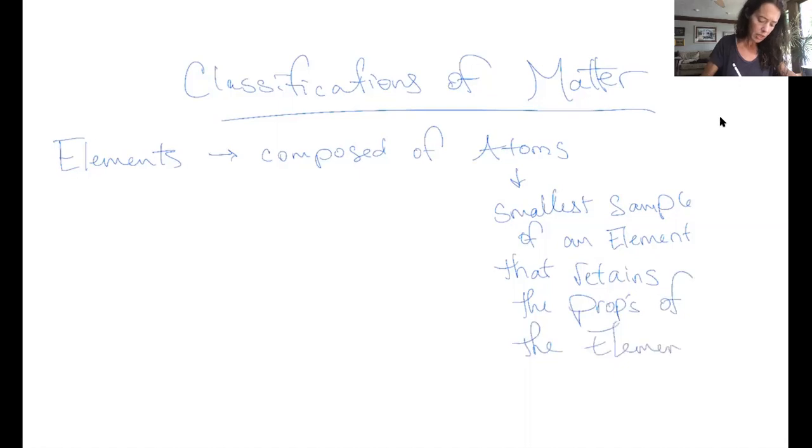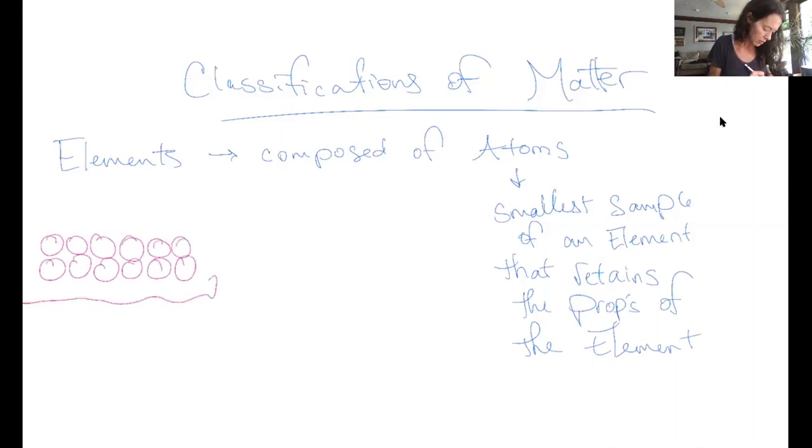So over here, I could have an awful lot of silver atoms. We're just going to say that this is my element silver, Ag. Each of these is supposed to represent a silver atom.